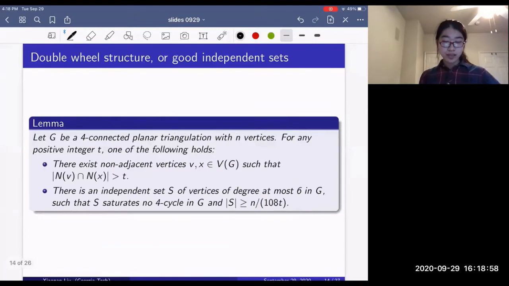So now this is the lemma. Because we want to find such a large independent set, but here we have these two structures.